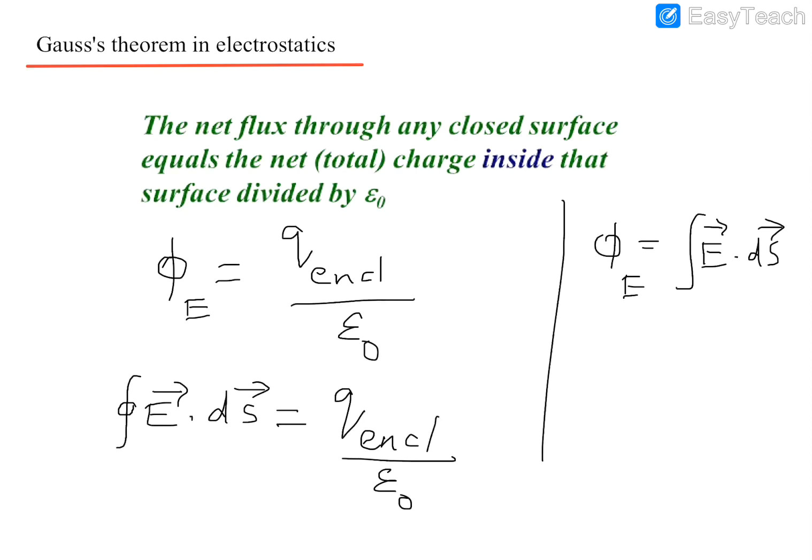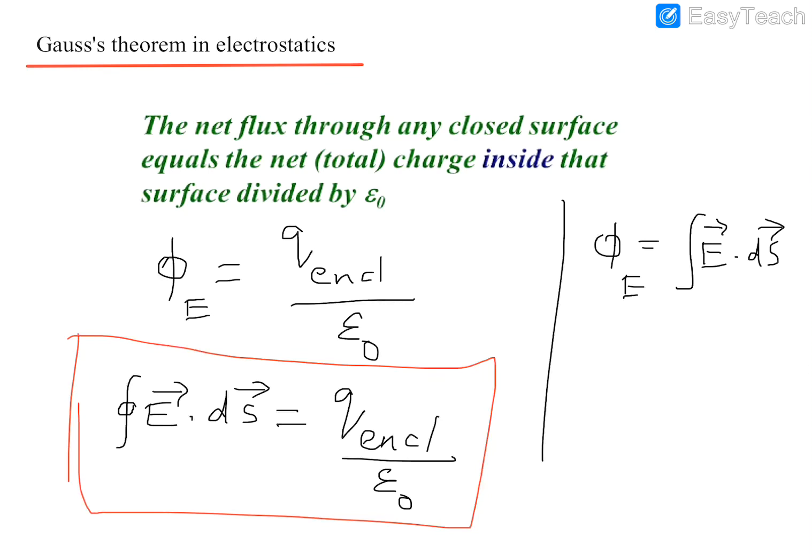So this is the mathematical statement of Gauss's theorem. The net flux through a closed surface is equal to the net charge in that surface divided by epsilon 0. So please remember the terms. This circle means it is a closed surface, that is why it is there.